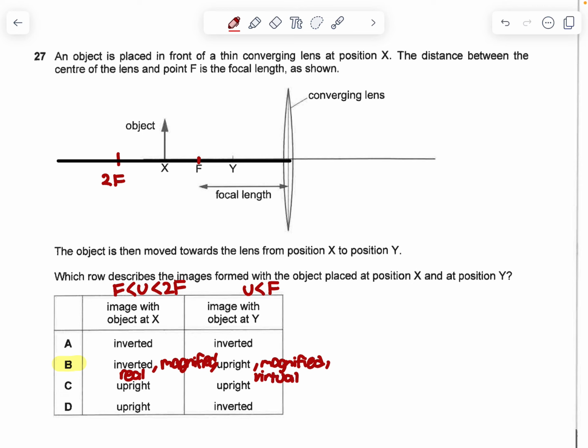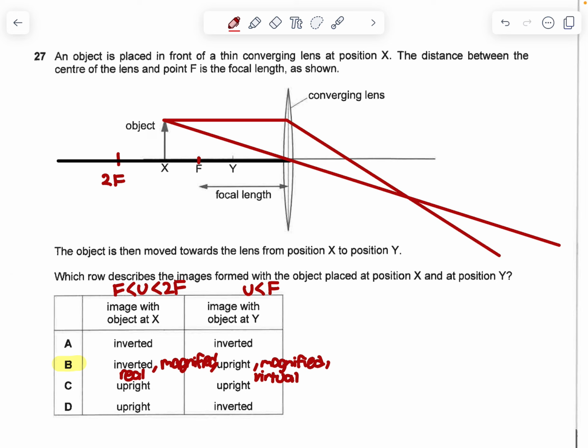Okay, now I'll draw and show you how it looks. For the object at X, you draw the first line through the optical center. Second, the line touches the center of the lens, and it should bend down.